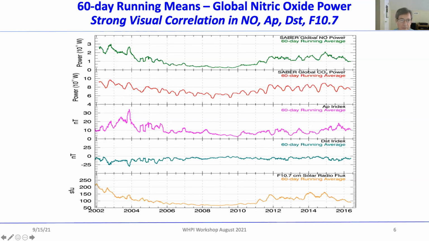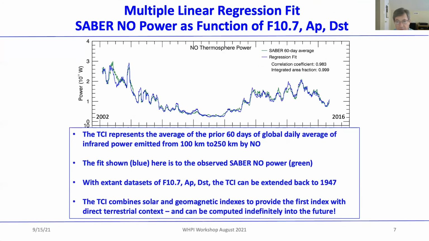And so we do a multiple linear regression between the 60-day nitric oxide power, AP, DST, and F10.7, and then we see how that linear regression looks and see if we can represent accurately the nitric oxide being radiated from the global thermosphere by this combination of indexes. And the answer is yes, we can.